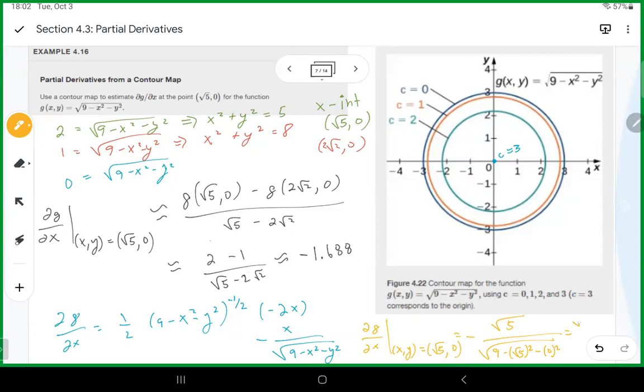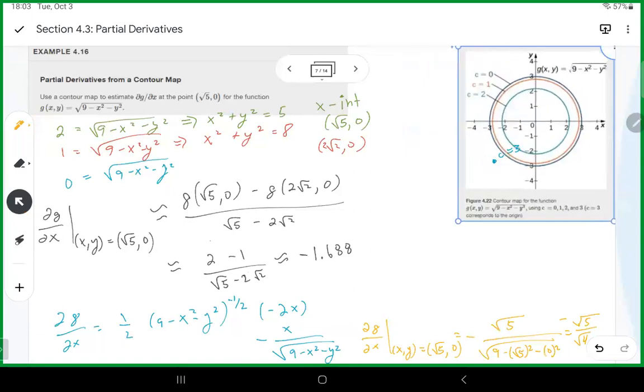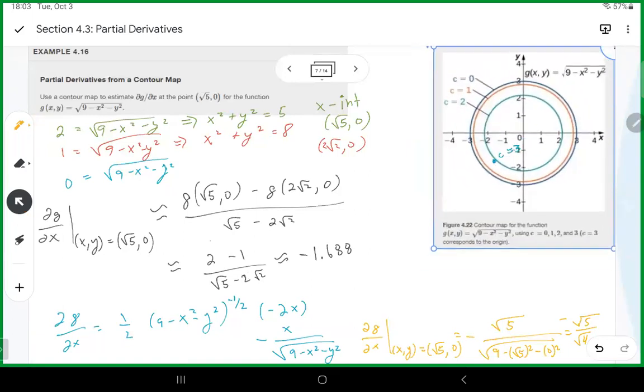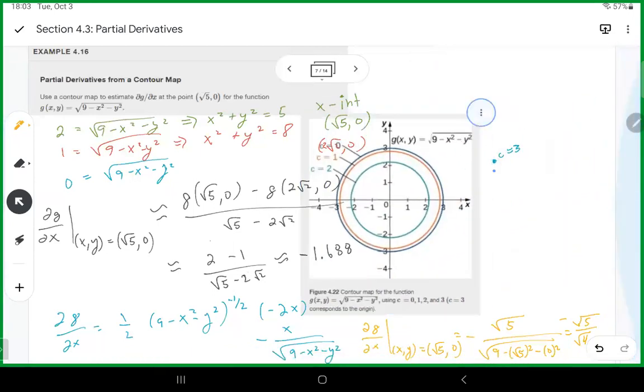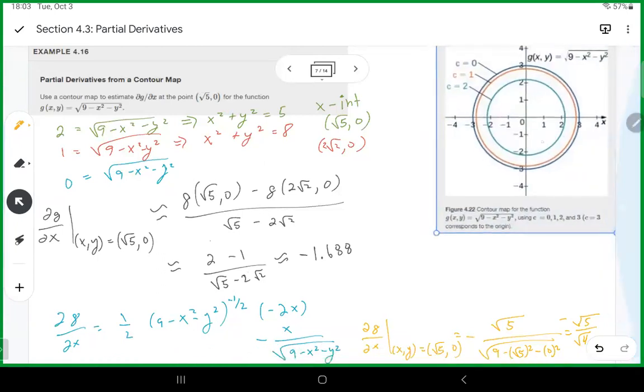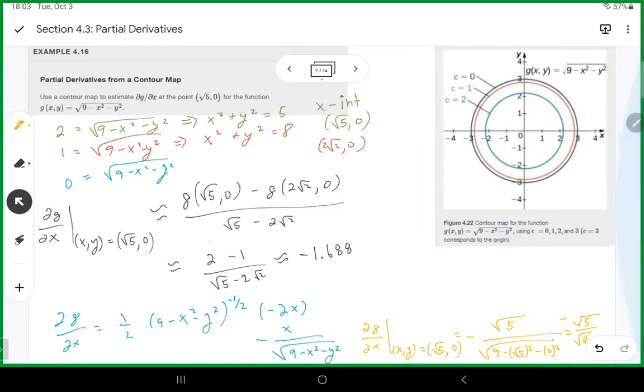That works out to negative square root of 5 over square root of 4. And make this smaller. So this is equal to roughly negative 1.118. Right?